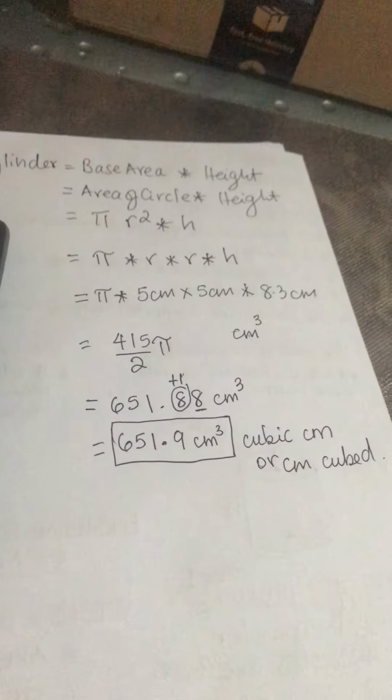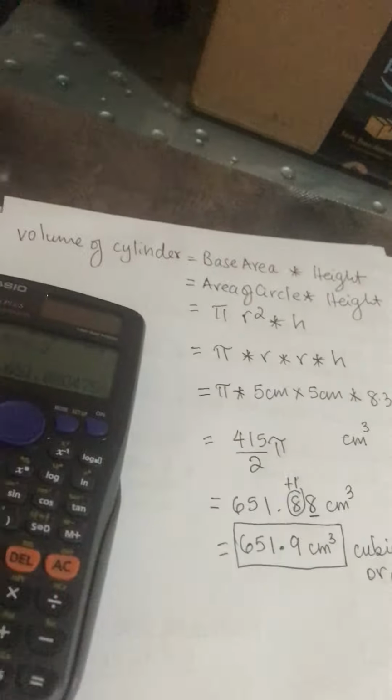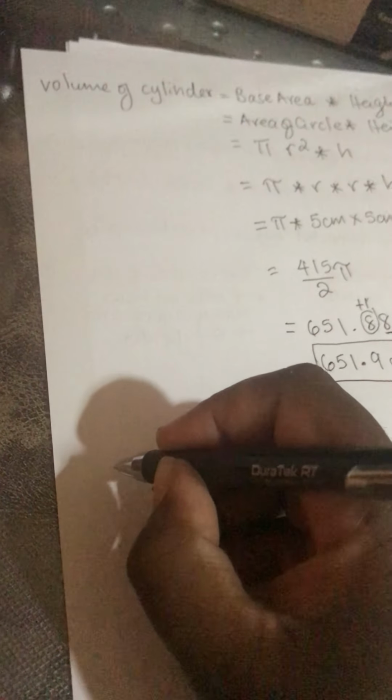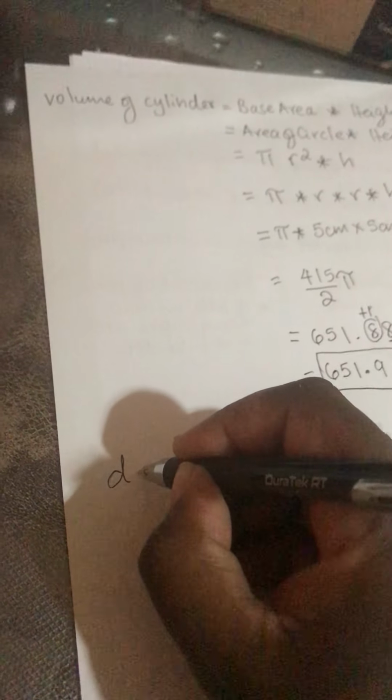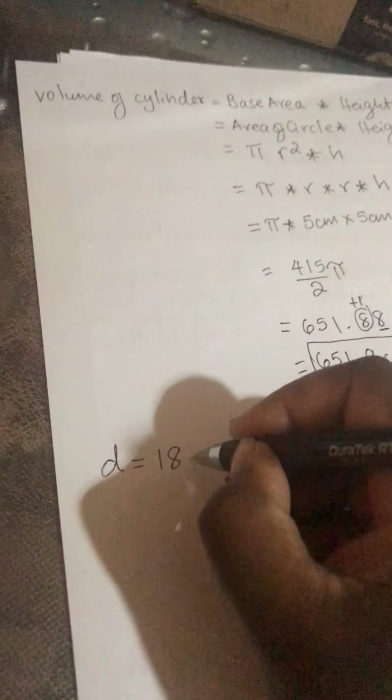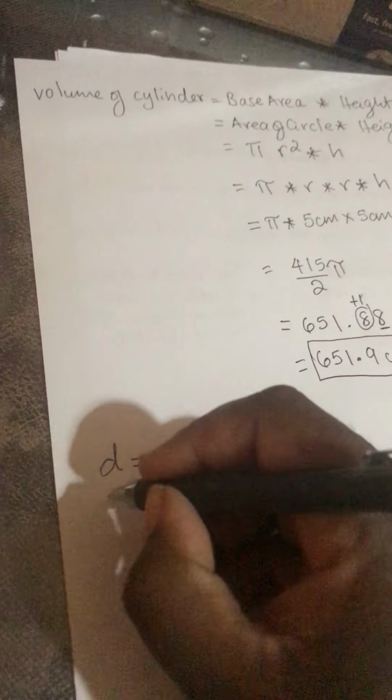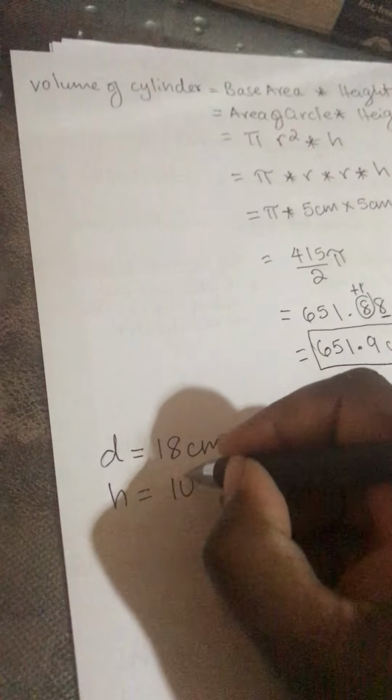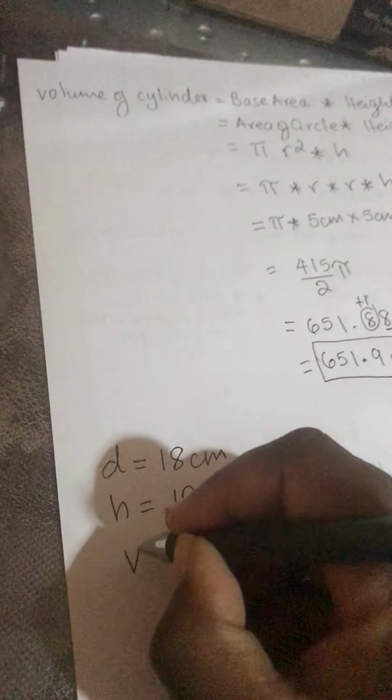All right, let's do one where we know the diameter. If the question gives you the diameter, so they say the diameter is 18 centimeter and the height is 10 centimeter. What is the volume?